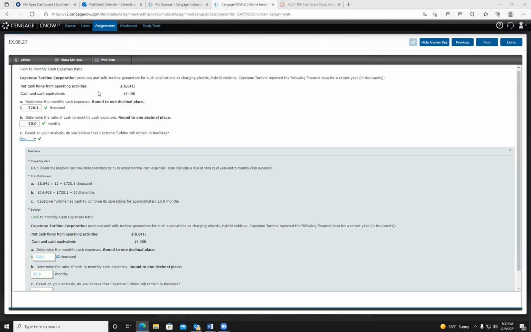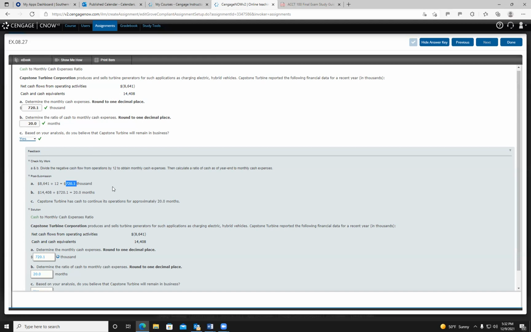To get the monthly breakdown of those total expenses, you would divide it by 12. So 8,641 divided by 12 equals $720.10. That is your monthly cash expense. That is what you spend on a monthly basis for your operating expenses.